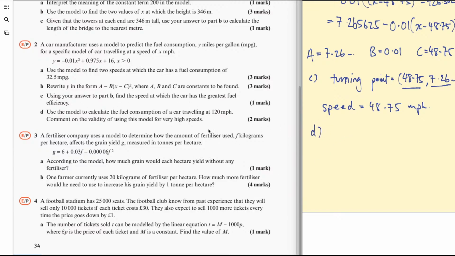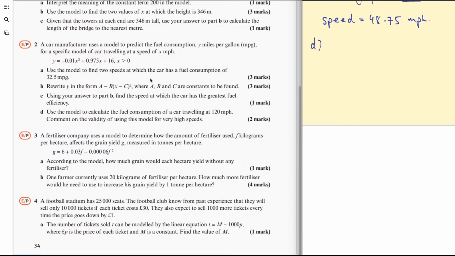Part D. Use the model to calculate the fuel consumption of a car traveling at 120 miles per hour. Comment on the validity of using this model for very high speeds. Okay. So the speed was x, so we need to plug 120 in for x to find y. So y is going to equal negative 0.01 times 120 squared.